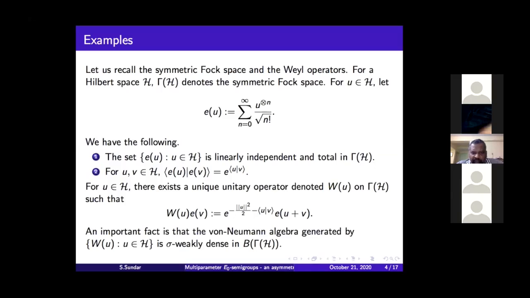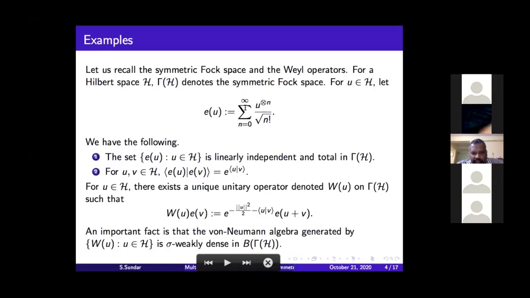So these are the Weyl operators, and an important fact is that these Weyl operators generate the von Neumann algebra B of Γ(H). So on the symmetric Fock space, you have exponential vectors and you have Weyl operators which generate B of Γ(H).